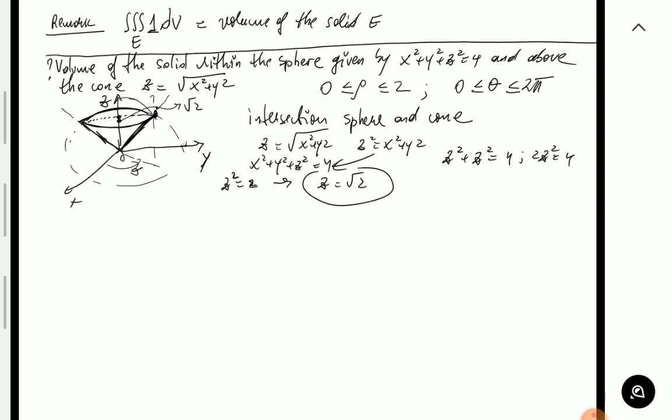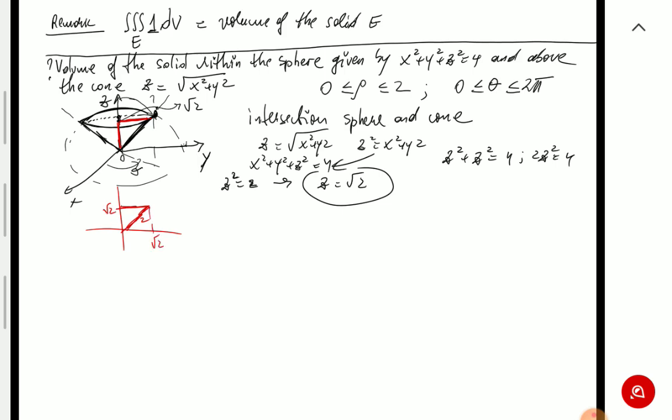Which means that what you see here is a right triangle with 45 degree angles. If I take a cross section, this side is square root of 2, and because the radius is 2, from the Pythagorean theorem this is also root 2.